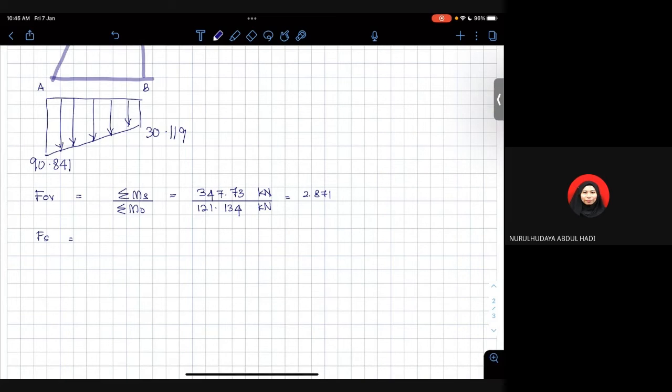For sliding, mu RV over P. Mu here is tangent delta. Delta ni lah yang 30 darjah tadi tu.